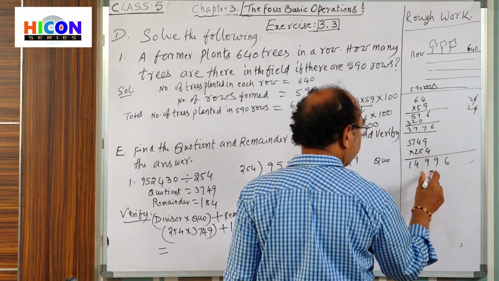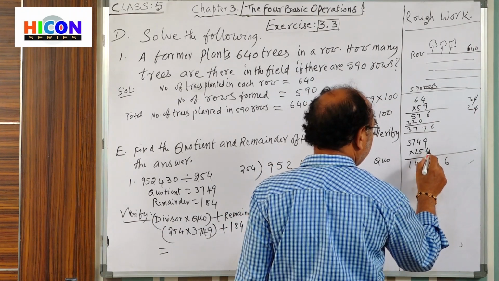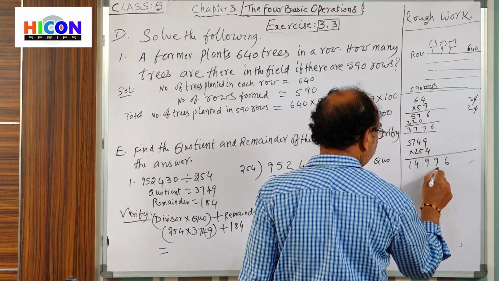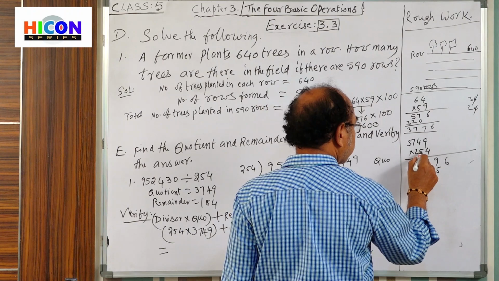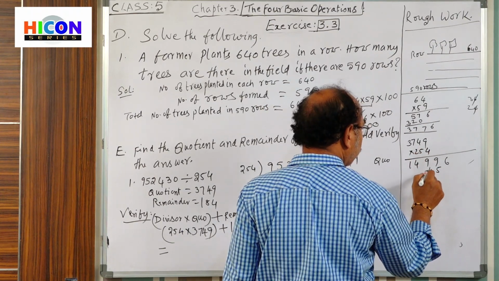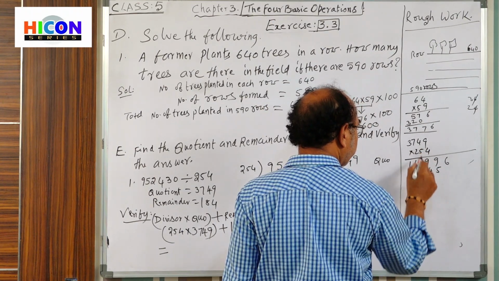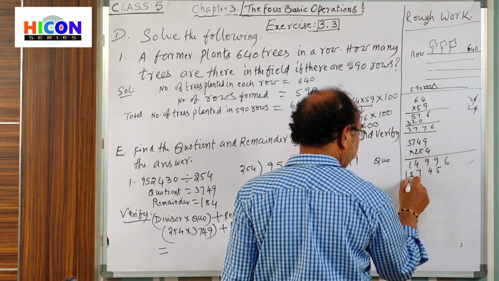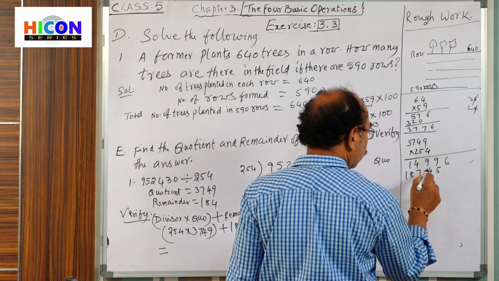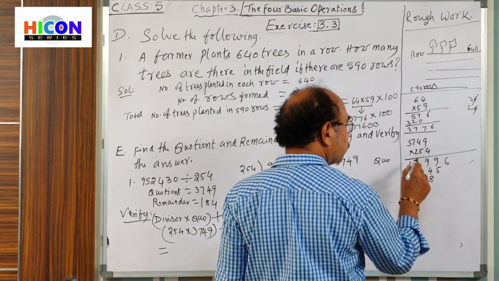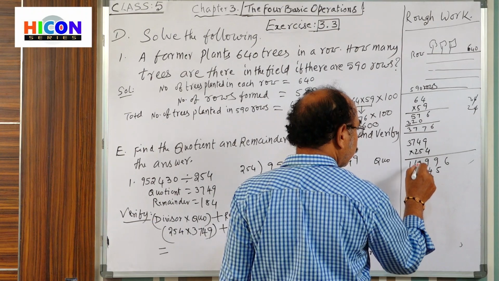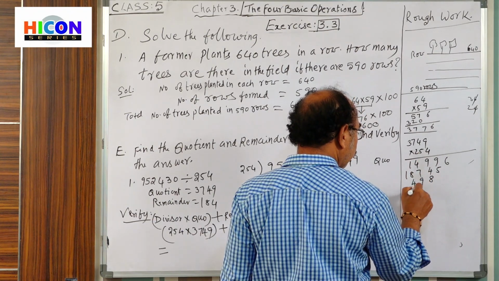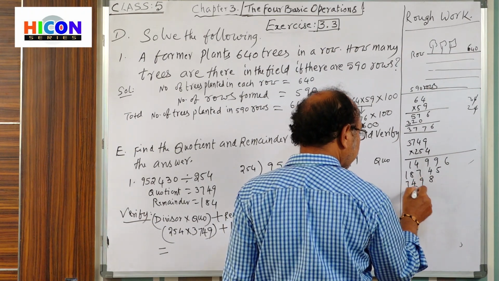With 5: 5 nines are 45, 5, 4 carried. 5 fours are 20 plus 4, 24. 4, 2 carried. 5 sevens are 35 plus 2, 37. 7, 3 carried. 5 threes are 15 plus 3, 18. With 2: 2 nines are 18, 8, 1 carried. 2 fours are 8 plus 1, 9. 2 sevens are 14, 4, 1 carried. 2 threes are 6 plus 1, 7.